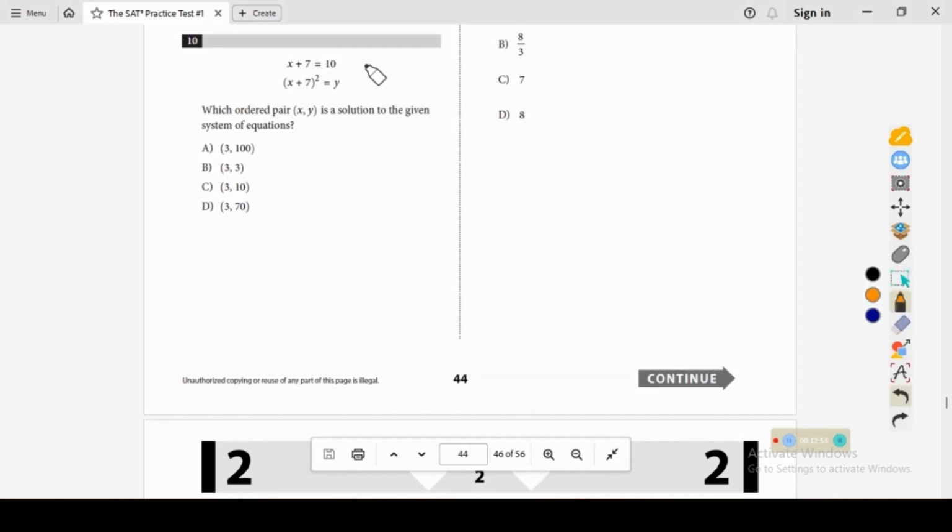In question number 10, two equations are given. Which ordered pair x, y is the solution to the given system of equations? It is clear that by taking the square of the first equation, we get the second equation.